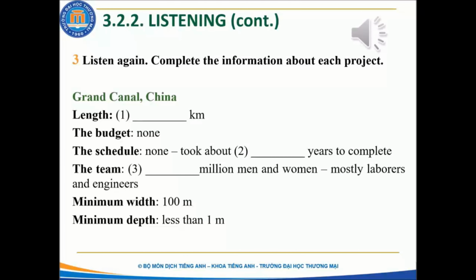Unit 3, Recording 1. China's Grand Canal, which connects the cities of Beijing and Hangzhou, is 1,700 kilometers long. It's the longest artificial waterway in the world and an important shipping route through the years. But what's more amazing than the length of the canal is its age. Work on the project began in the 5th century BC, more than 2,500 years ago. There was never a plan or budget for the whole project.